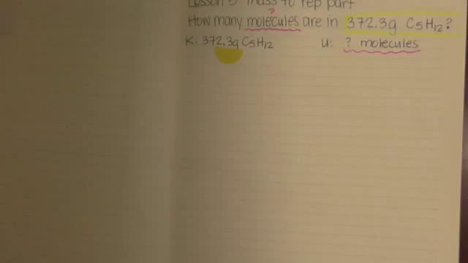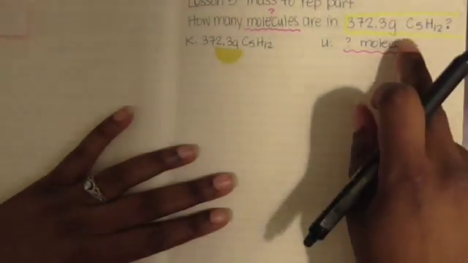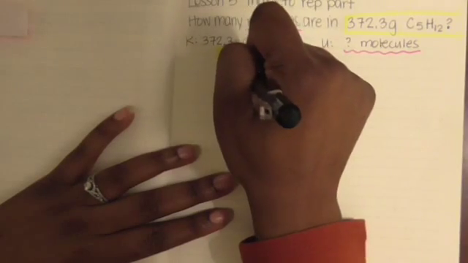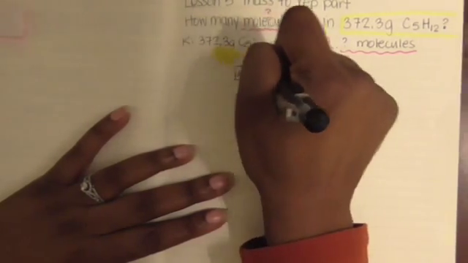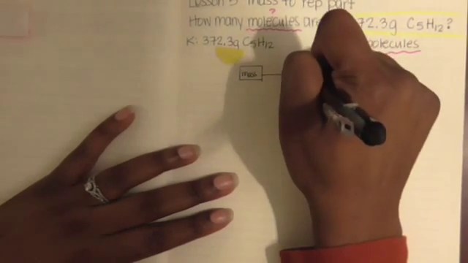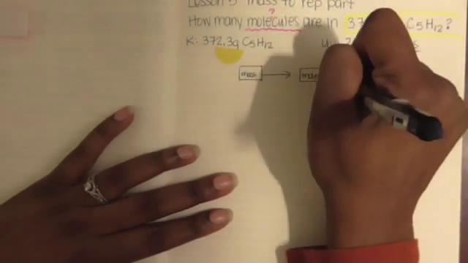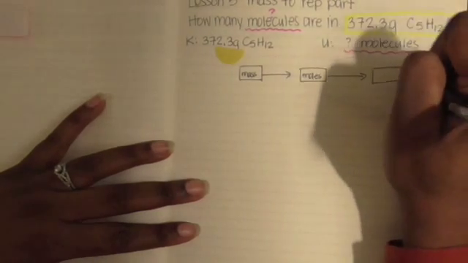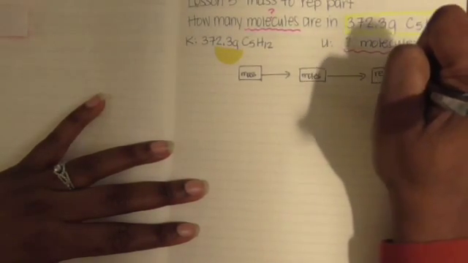Okay? Now we need to think. We are starting with grams. So we're going to start with mass. We're going to need to get to moles, because moles is always our change of train spot. And then we're going to need to get to representative particles.